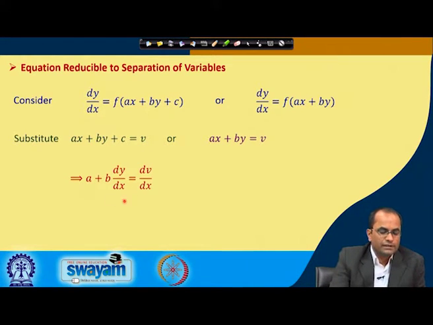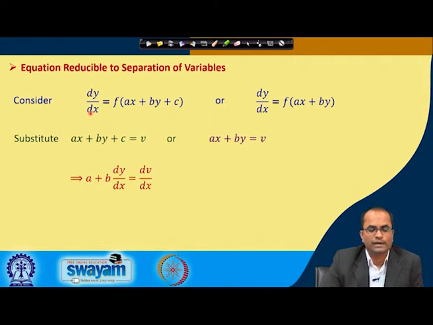Once we have this, we can substitute back into the equation so that we get the new differential equation in v. So v is now the dependent variable, like y was earlier.